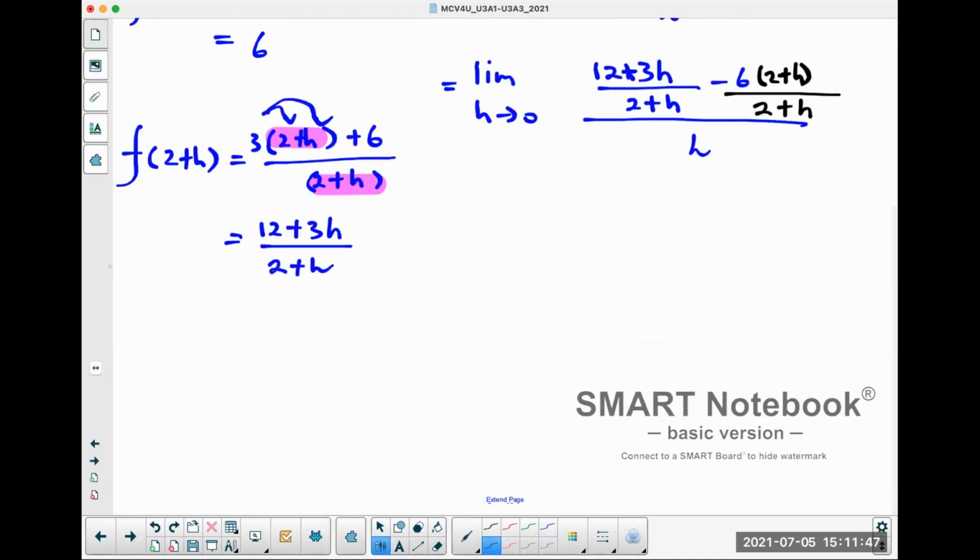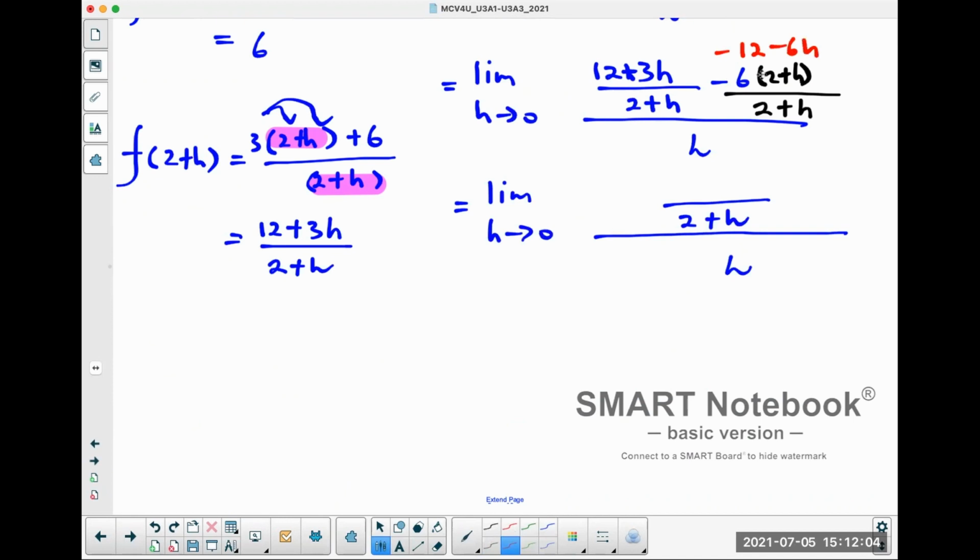Okay, so let me expand and simplify a little bit. Generally, because this is a grade 12 class, I shouldn't have to show every single step. So here, if I expand, this is going to be minus 12 minus 6h. Distributive law. So 12 minus 12, great, canceled out. You have 3h minus 6h, you're left with negative 3h in the numerator. So it's 12 plus 3h minus 6 times that, which is minus 12 minus 6h.